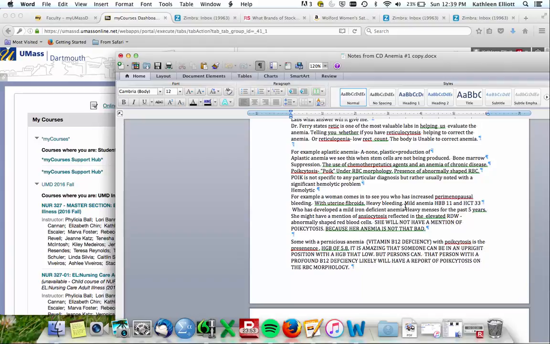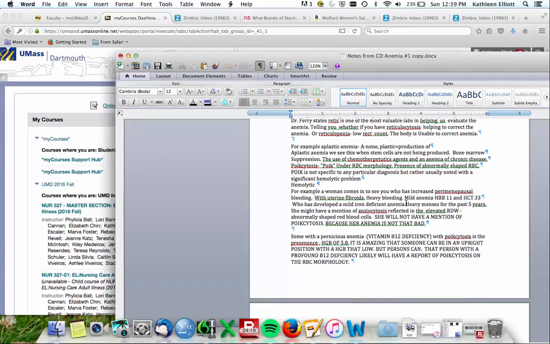She might have a mention of, on her CBC, anisocytosis reflected in the elevated RDW, abnormally shaped red blood cells. She will not have a mention of poikilocytosis because her anemia is not that bad.